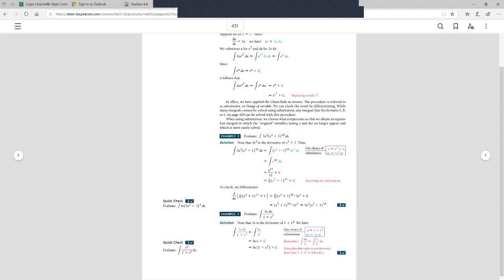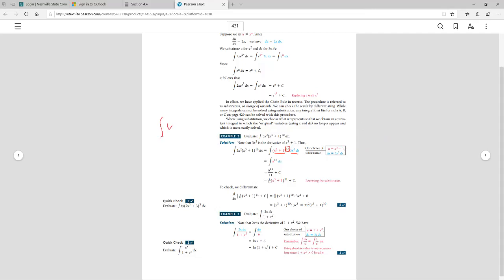So why would I use this? Why would I use substitution? Well, notice what happens when you let u equal x cubed plus 1 and du is 3x squared dx. You would then have a u to the power of 10, in this case, times the derivative of u. In other words, you would have the integral of u to the power of r du.